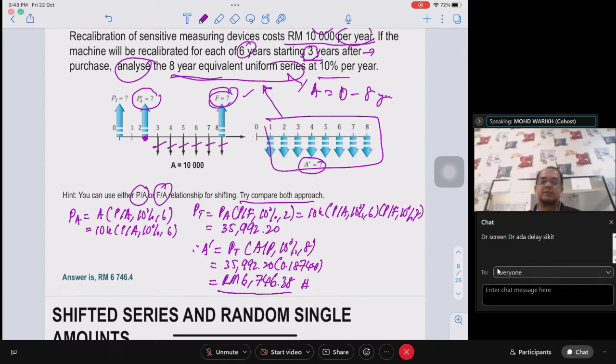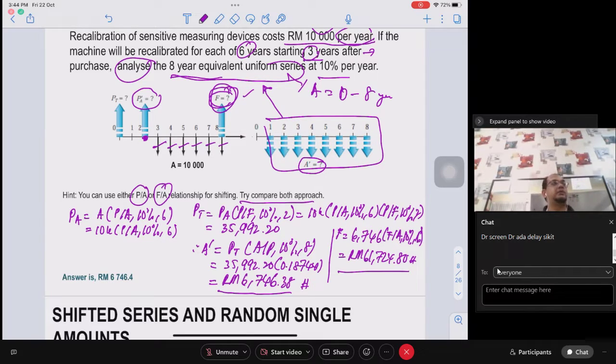So this is the answer. You can also get F, that's fine, it's not a problem at all.